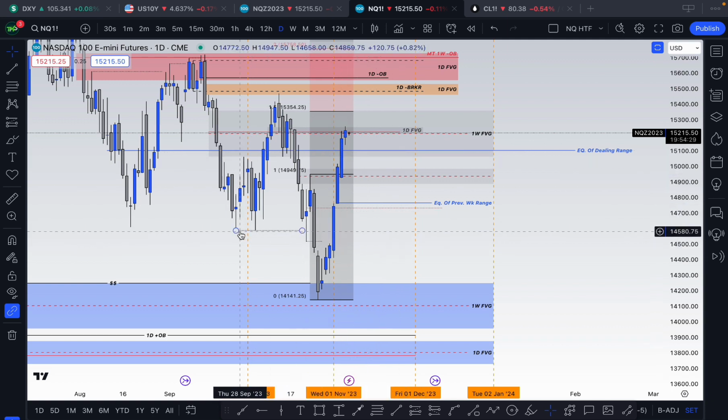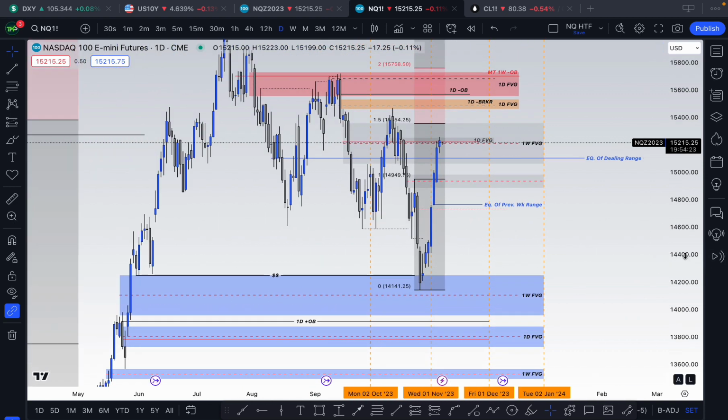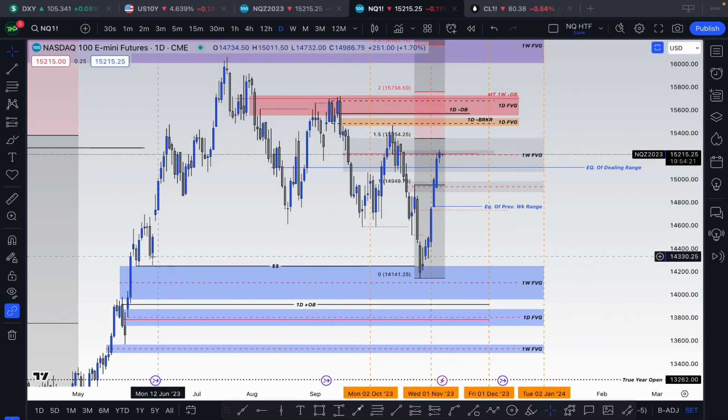But anyway, we see that we again took some liquidity, sell side liquidity to be exact, major, from June 1st low. Sell side, and then look at the reaction in price, right? If it wasn't a change in state of delivery, you can see a reversal here.